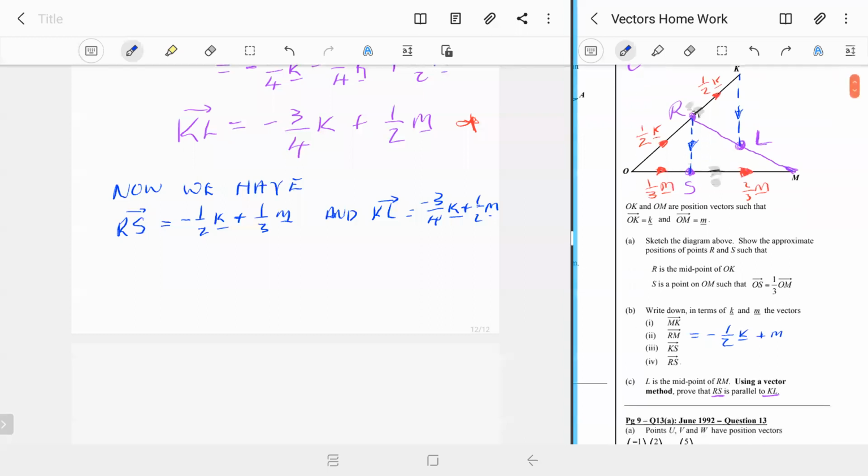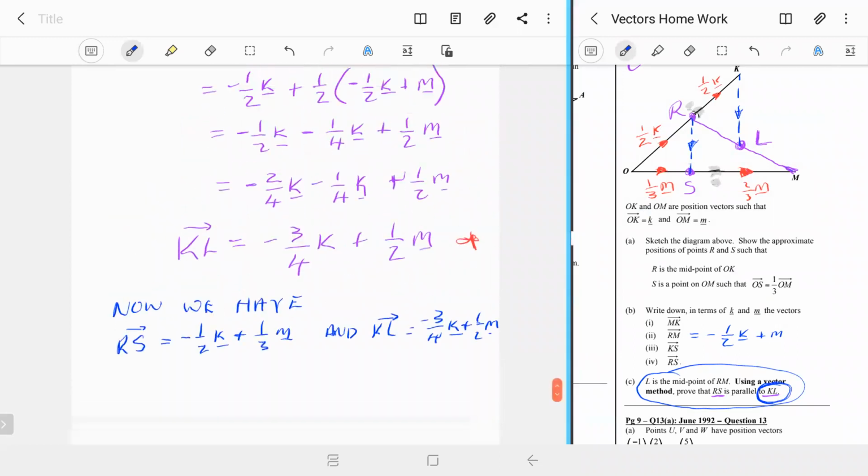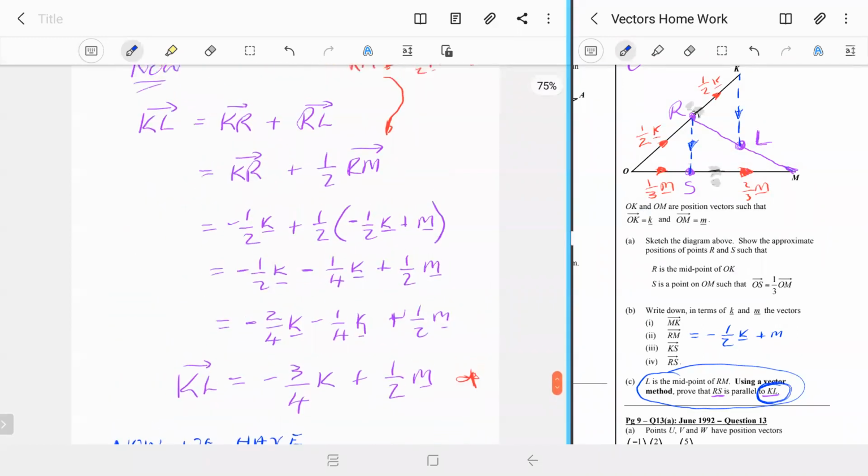The question says show that RS and KL are parallel. All we did so far was work out KL, which we didn't know. That's what all that work was about.